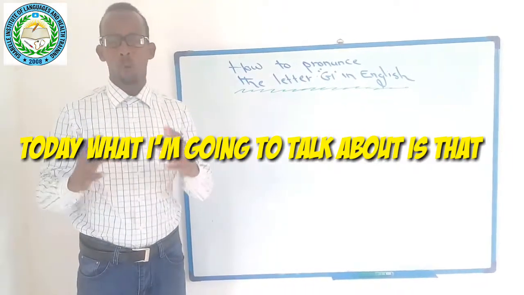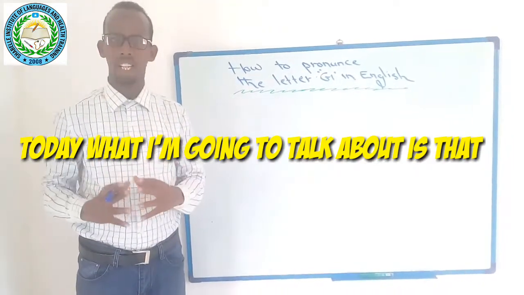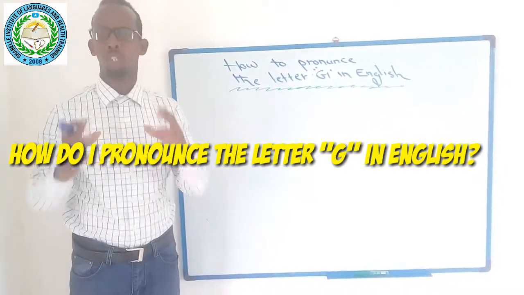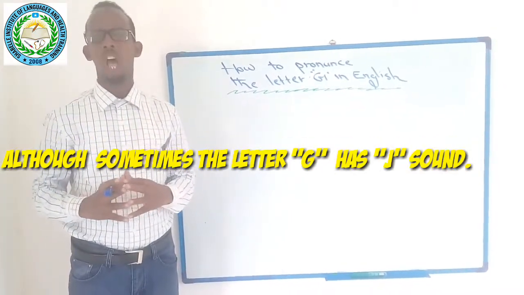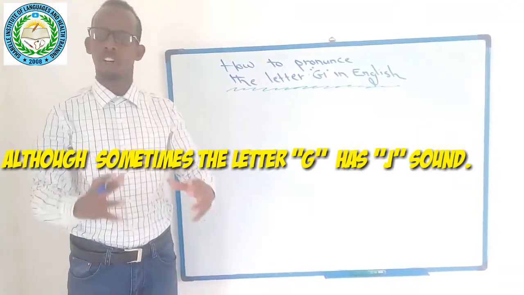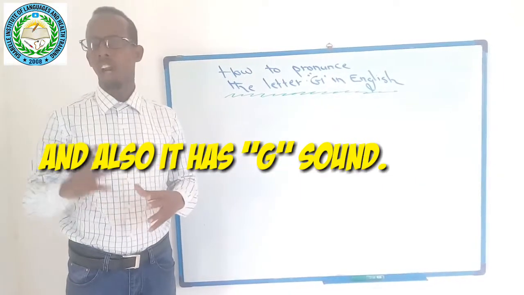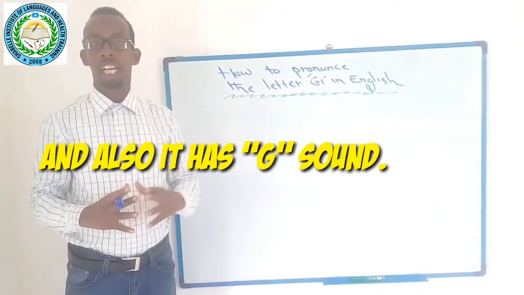Today what I'm going to talk about is how to pronounce the letter G in English. Sometimes the letter G has a J sound and sometimes it has a G sound.